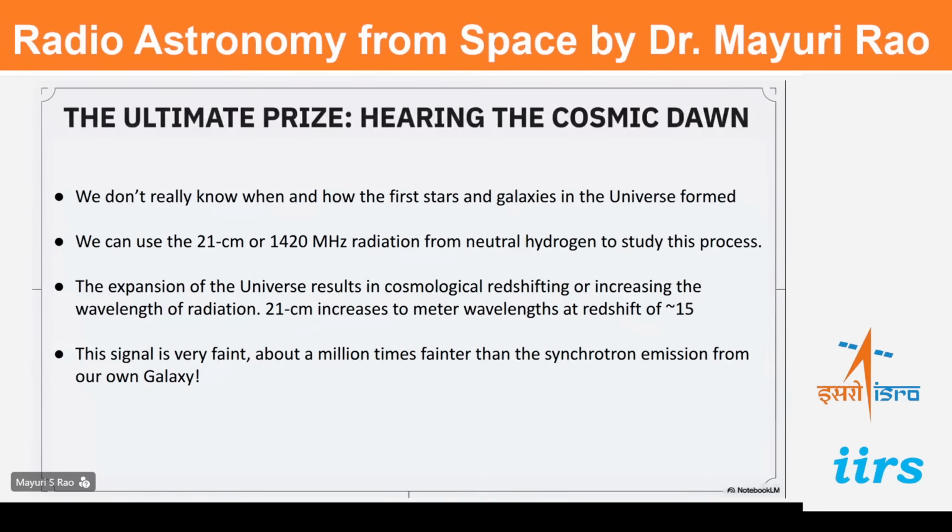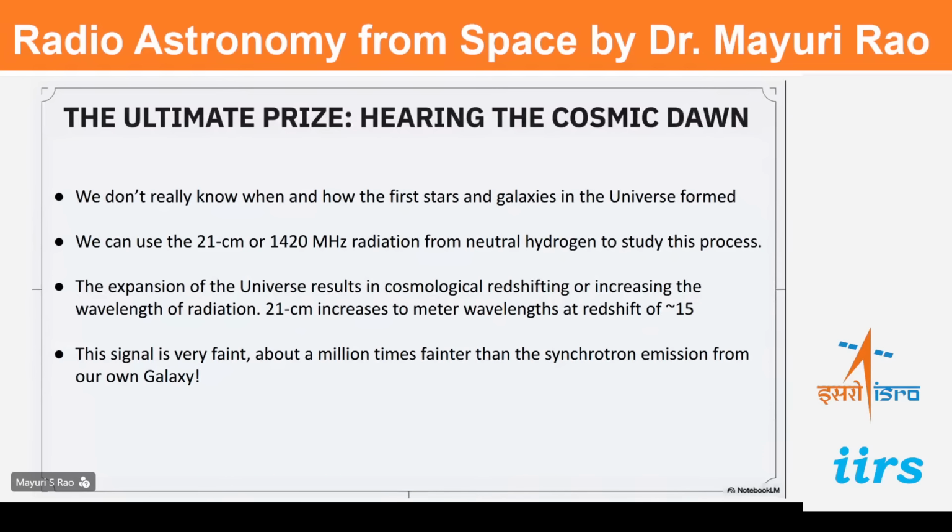We don't really know exactly when and how the first stars and galaxies formed. In the Big Bang model of cosmology, which is the currently accepted model, when the universe forms, initially there are just protons and electrons. These combine to form atoms, and then we don't really know what happens, and suddenly there are galaxies.